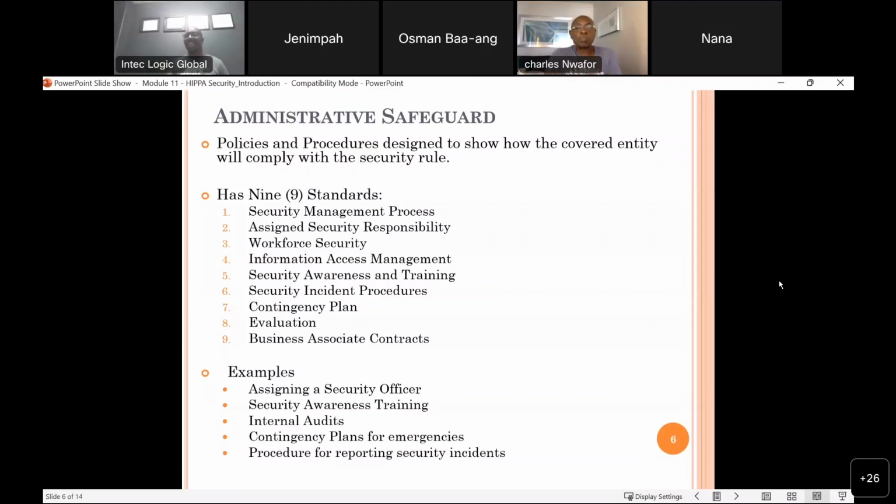So these are the 9 standards under the administrative, right? I just gave examples of some of the safeguards here: assign a security officer, security awareness training, internal audit, contingency plan for emergency, procedure for reporting security incidents.